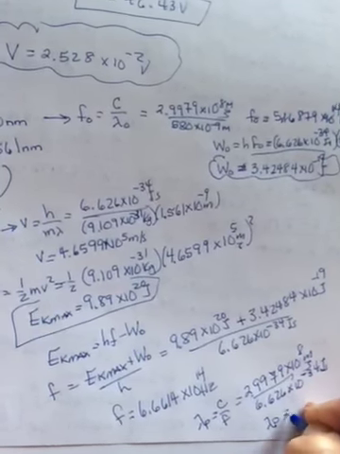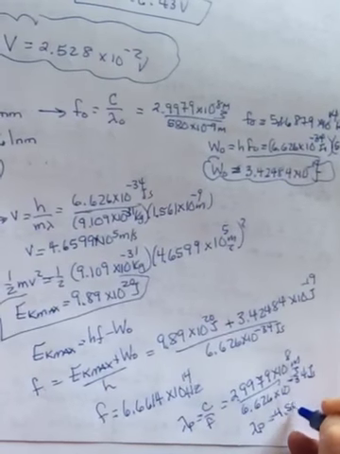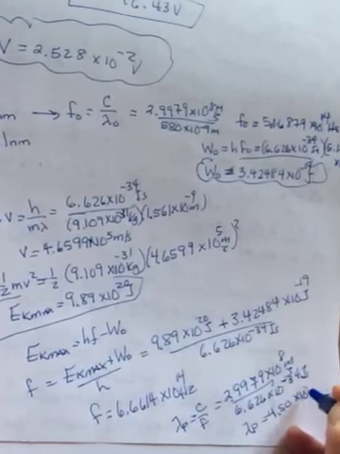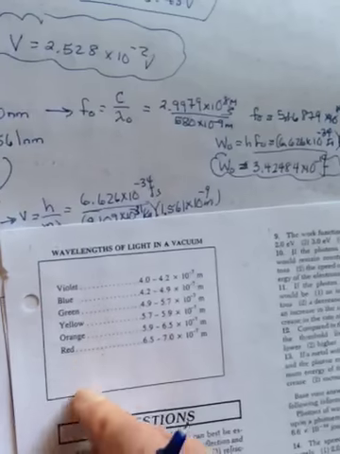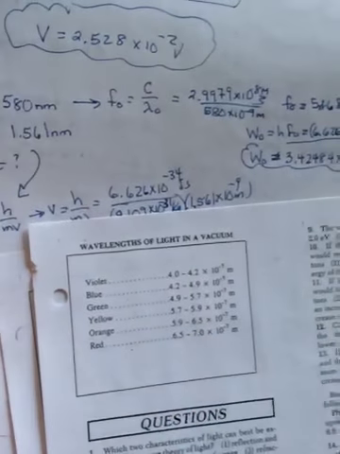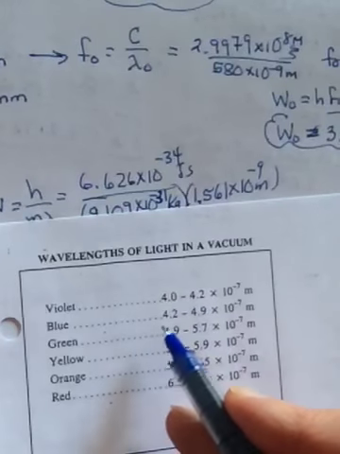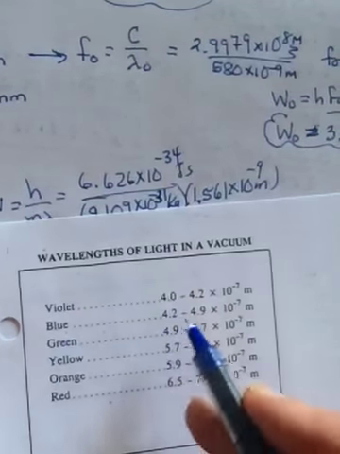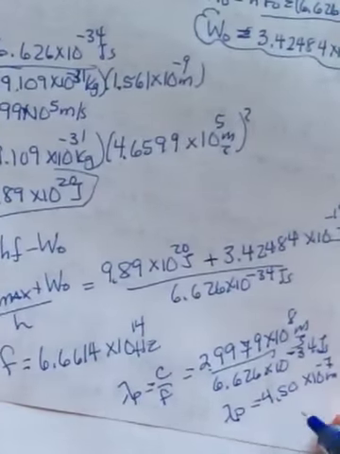And so you get a wavelength of 4.50 times 10 to the negative 7 meters. It wants to know what color that is. So you go to this little chart and you look for 4.5. It falls between 4.2 and 4.9, so it's blue. So you go back here and you say blue.